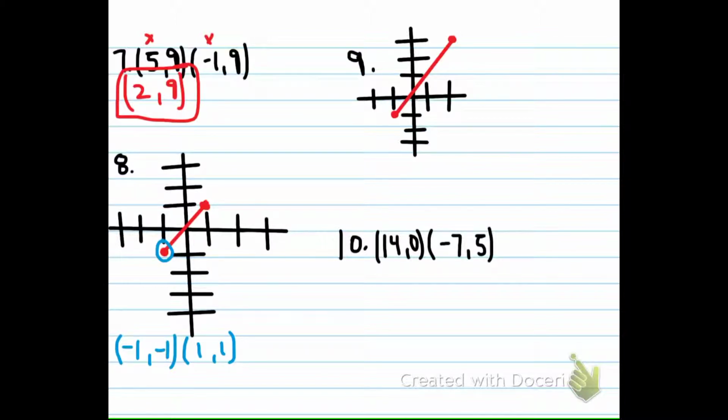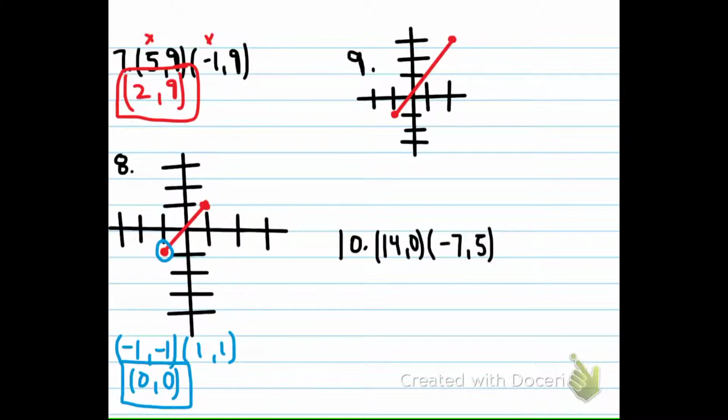So 0 divided by 2 is just 0. And then -1 plus 1 divided by 2 is 0 again. So our midpoint is 0, 0. And if you want to check that, you could plot this point and you'll see that it's in the middle of the line segment.